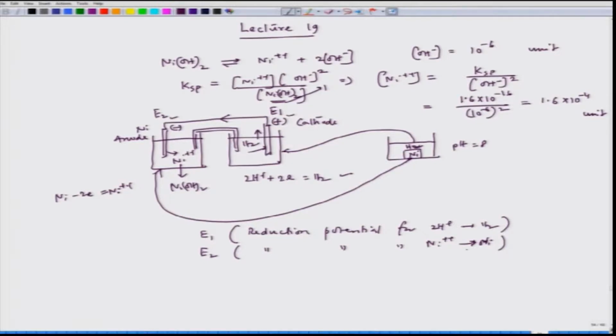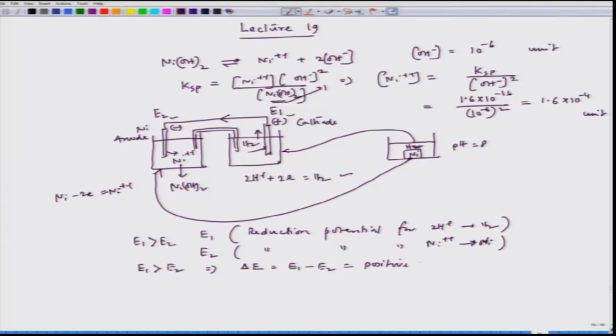And in order to have nickel going into Ni++, this E1 should be greater than E2, and if E1 is greater than E2, the cell potential which is delta E, nothing but E1 minus E2, should be positive.